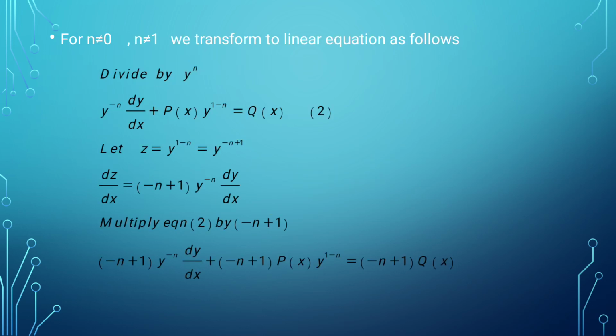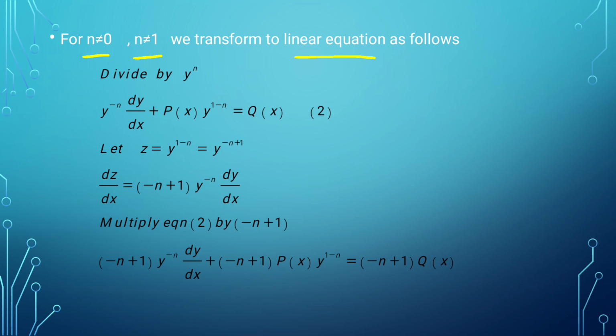So if n is not 0 and is not 1, we can transform a given DE of this form, which is a Bernoulli differential equation, to a linear equation. How do we transform them to linear? A Bernoulli will be solved as linear, but after transformation.